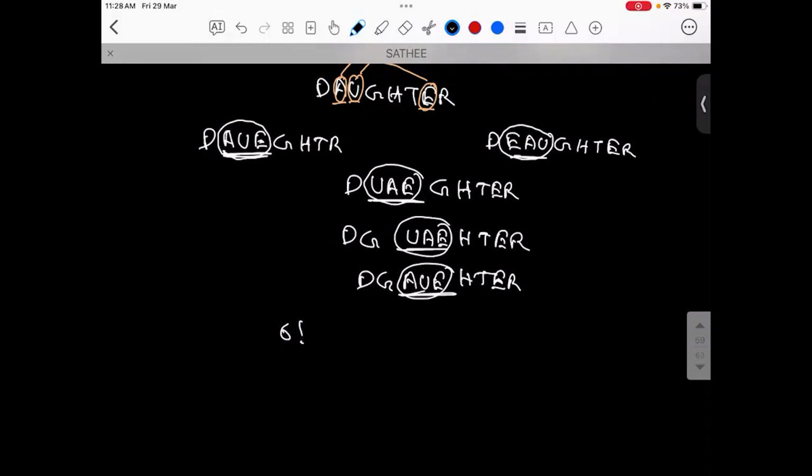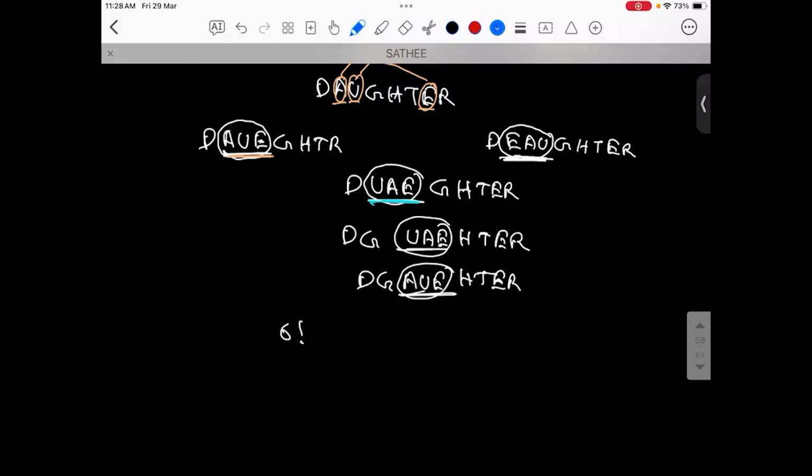Because if I write this as red, this as white, and this as blue, you can see that the others are the same, but the ordering of A, E, and U is getting exchanged. And when the other places are fixed, we can get 3 factorial extra cases.